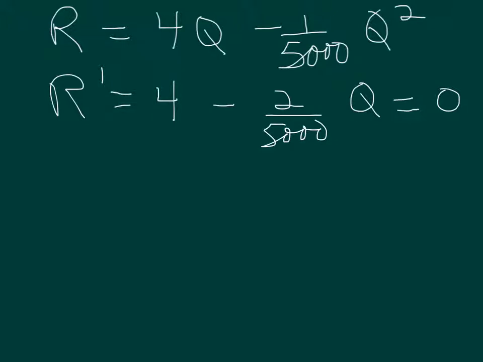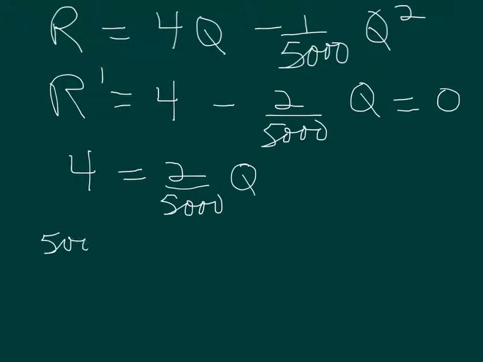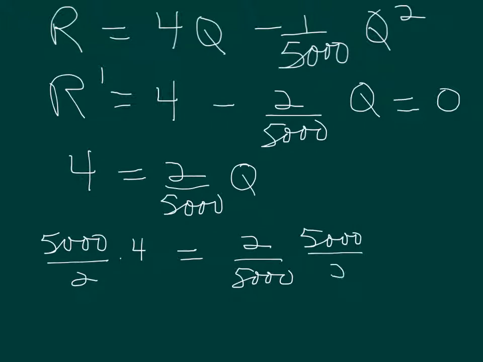So as we're going through this, we're going to now set R prime equal to 0, so therefore 4 equals 2 over 5,000 Q. So how can I get Q by itself? What if we multiply both sides by 5,000 over 2? So 5,000 over 2 times 4 equals, I had 2 over 5,000, and I said multiply both sides by 5,000 over 2.